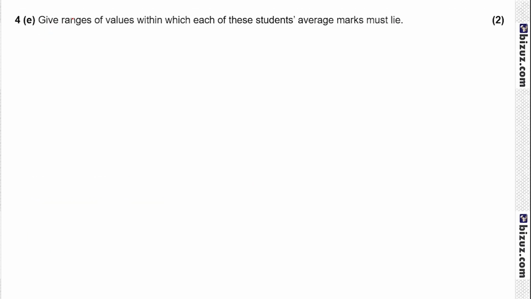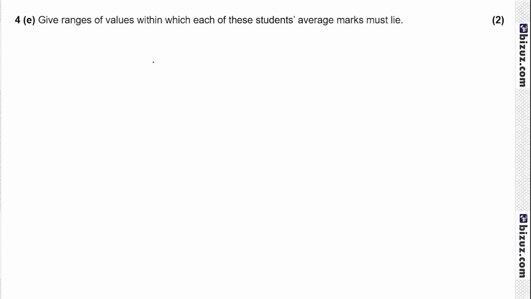Part E. Give ranges of values within which each of these students' average marks must lie. Now, when they say each of these students, they mean those 2 new students' marks which were added. So we need to find the range in which each of these marks must lie.